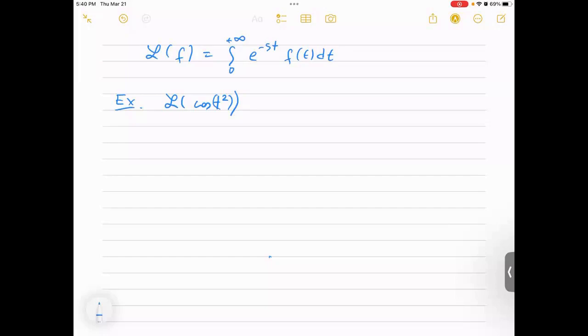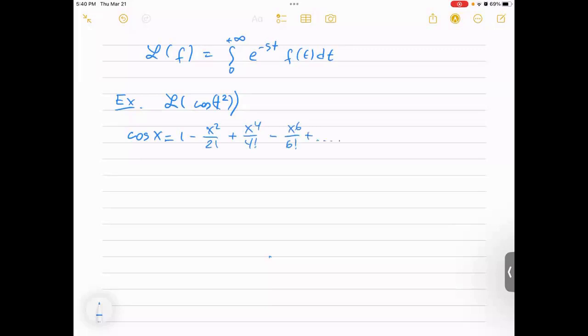So instead, we have to recall what is the power series of cosine. The power series of cosine is 1 minus x squared over 2 factorial plus x to the 4 over 4 factorial minus x to the 6 over 6 factorial, and so on.